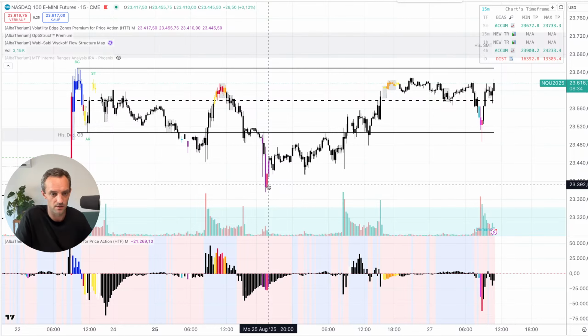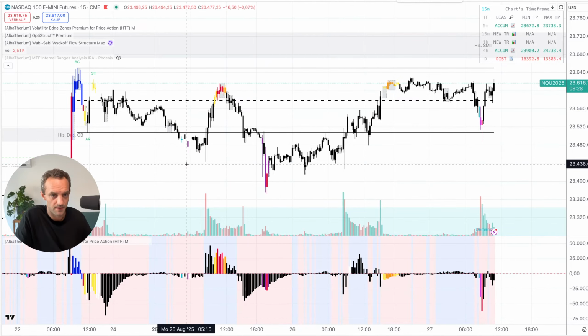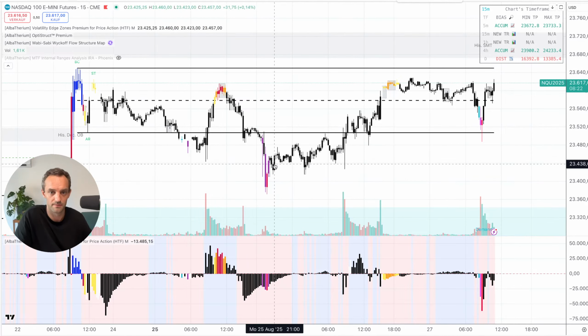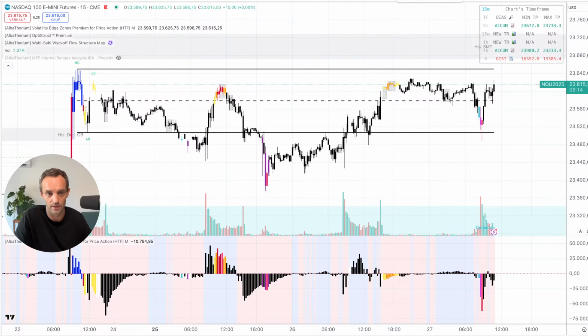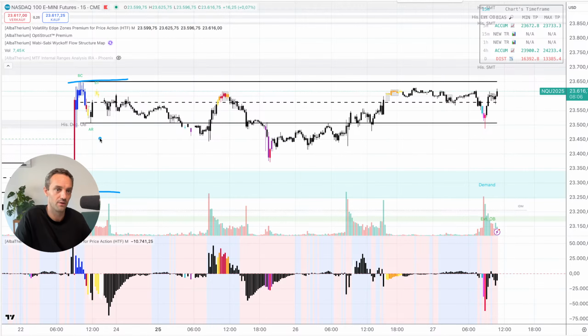Yes. From my point of view, this is another shakeout. People got trapped here. But these kind of things are very difficult to see because it really looks like a breakout to the downside here on this 15-minute chart, but it's still inside of this buying volume.